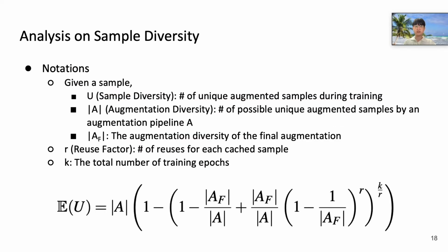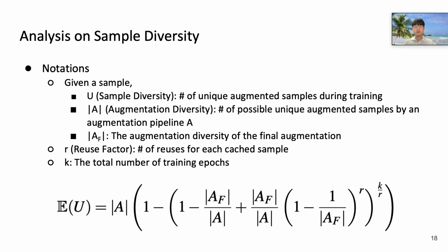We demonstrate the effectiveness of data refurbishing with a mathematical analysis. We define the sample diversity, which we denote U, as the number of unique samples that are generated during training. Note that our goal is to preserve U, while reducing CPU overhead from data augmentation. We also define the cardinality of the augmentation A as the augmentation diversity, which indicates the number of unique augmented samples given a training sample.